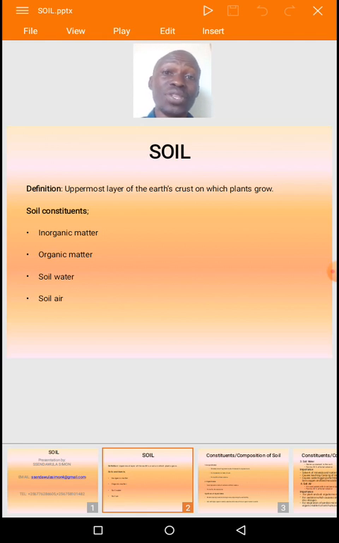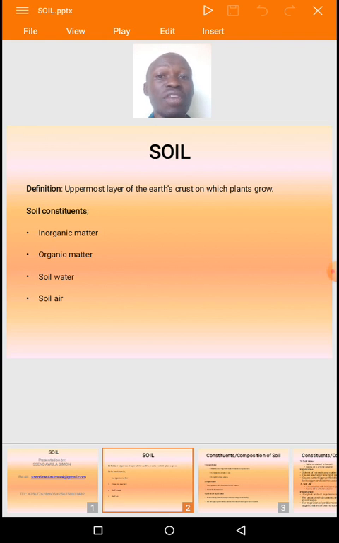Almost everywhere we look, we are seeing soil. The definition is that it's the upper layer of the earth crust on which plants grow. Definitely, without soil, it would be the greatest misery of the world. So it's these soils that support plant life.